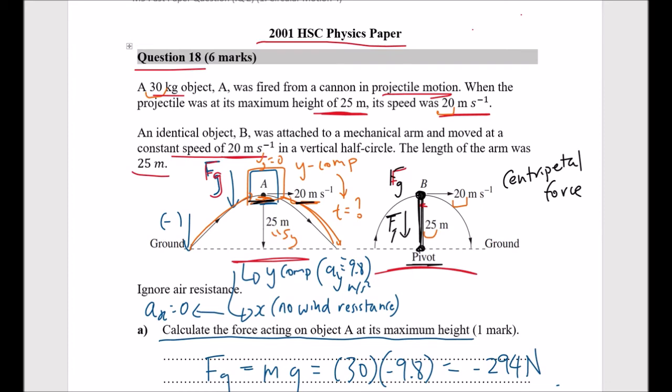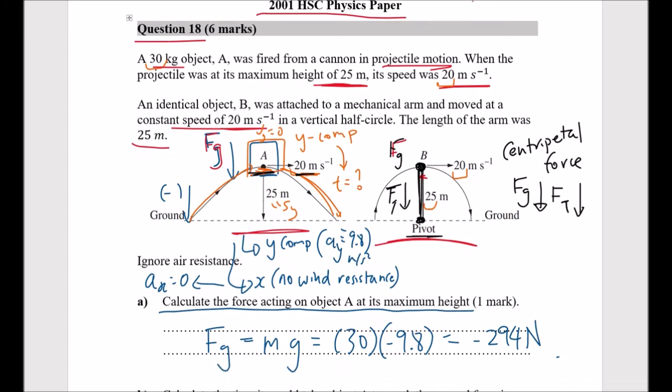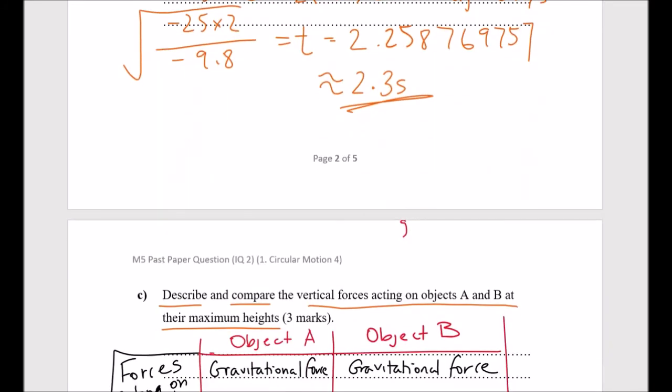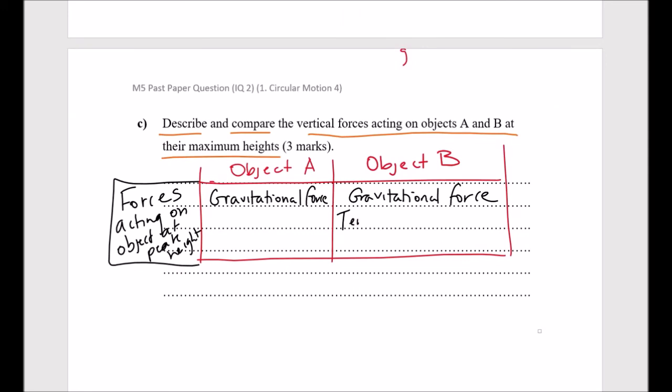And just so happens, if I drew the diagram, the gravitational weight force is going down, and the tension force is also pulling it down towards the center of the pivot. So that's the other force acting on object B. Okay, so tension force, maybe I'll just dot point them: tension force pulling object B towards the pivot point.